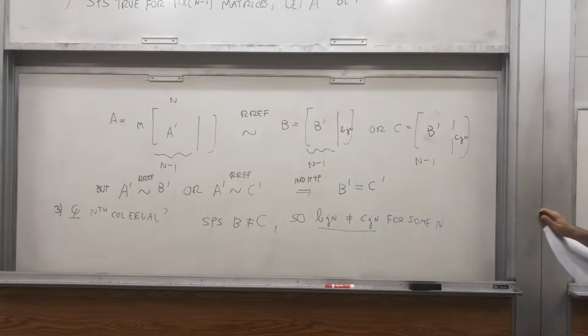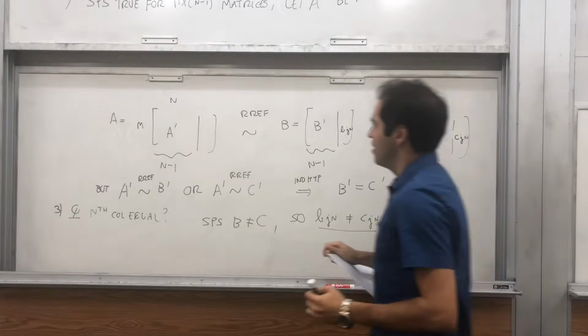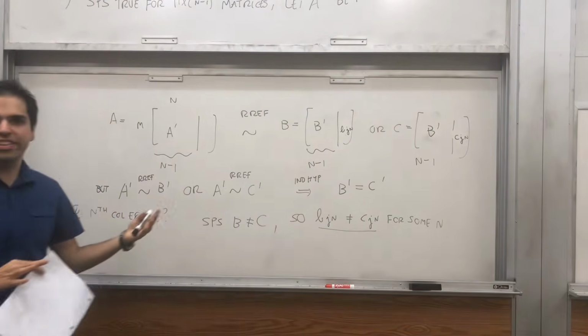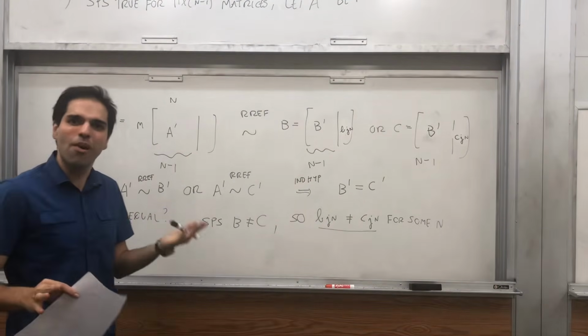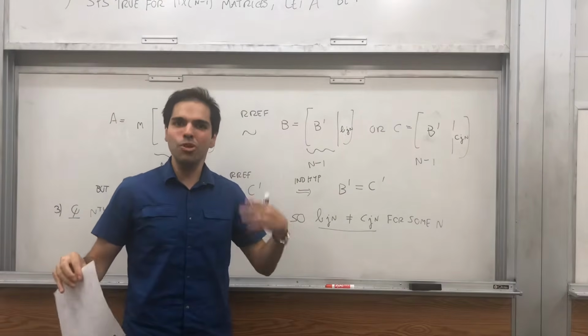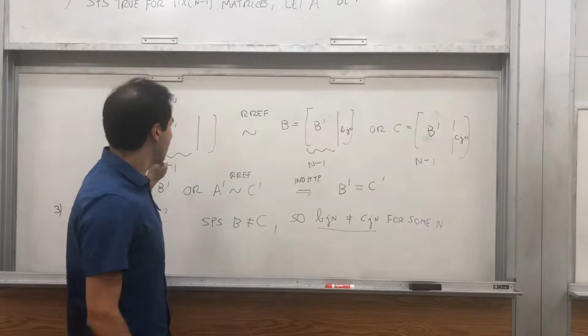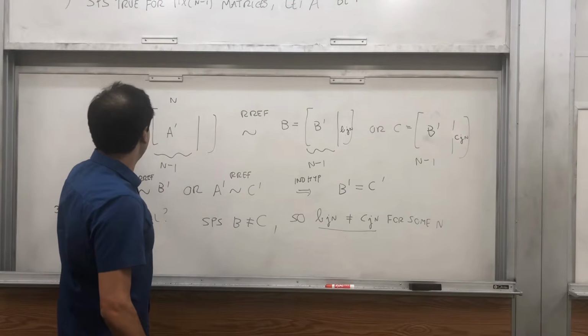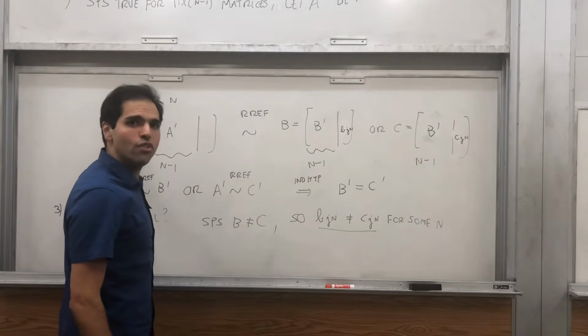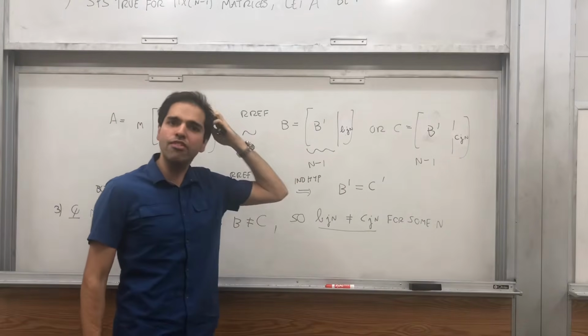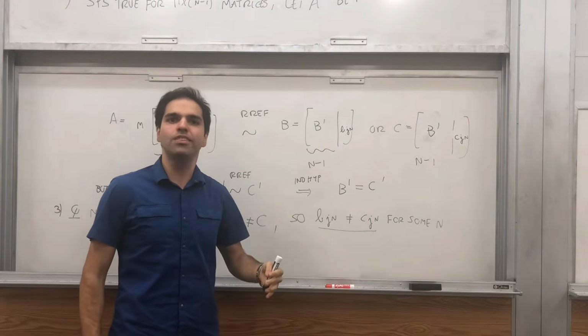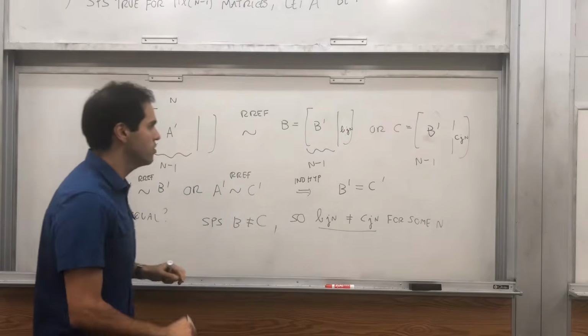Now, here's the other thing. Row reducing is basically just like multiplying by invertible matrices called elementary matrices. And in particular, row reduction preserves the null space, because whenever you multiply by invertible matrices, it doesn't change the null space.